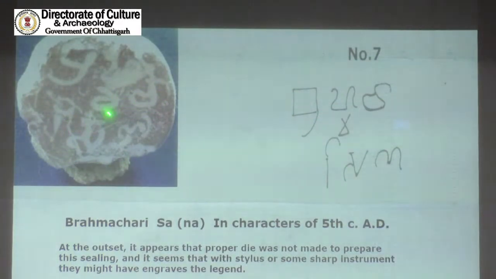Length re sa na, something is there. So this also I have taken to be very crudely made, of the 5th century. So there is the ma, and the a has been written in superscript or subscript, as we have seen earlier.